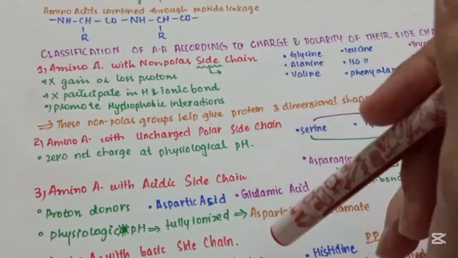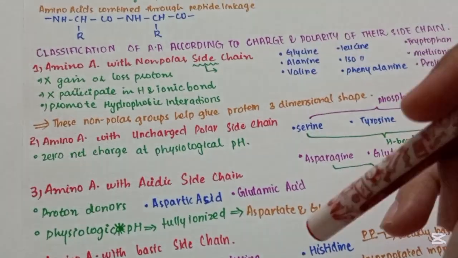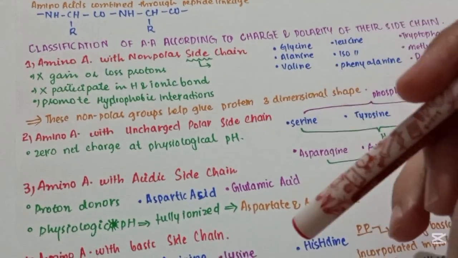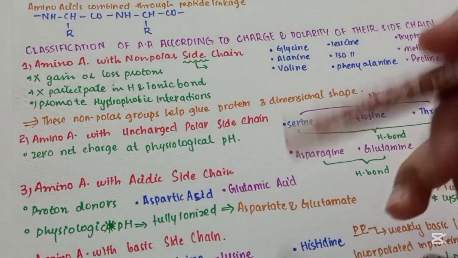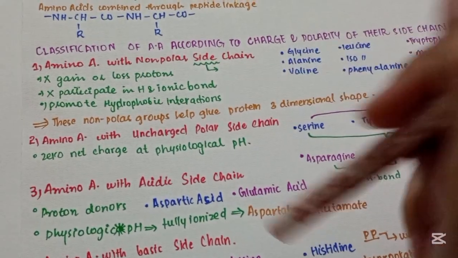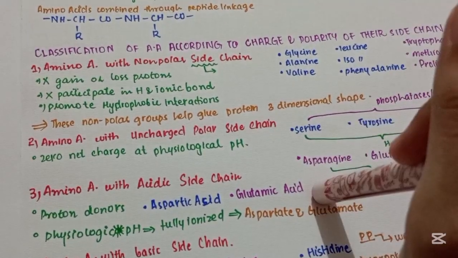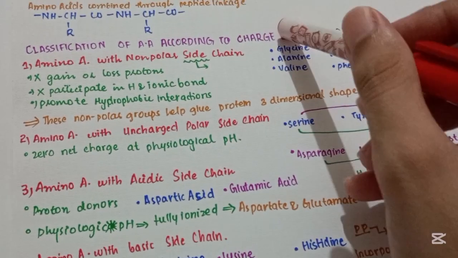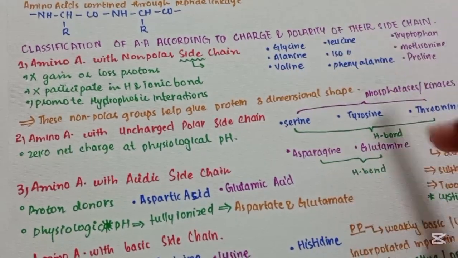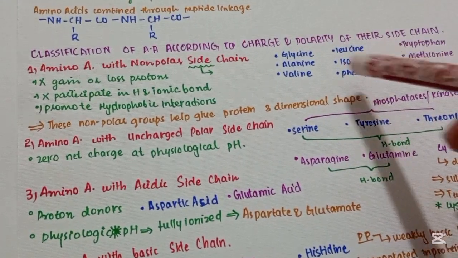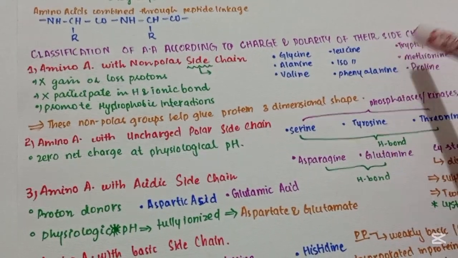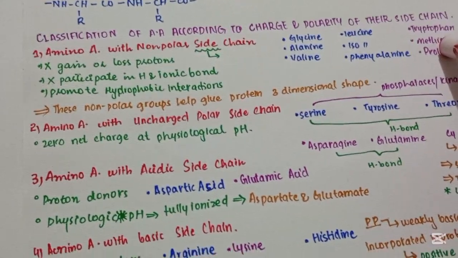So they behave like oil in an aqueous medium like water and tend to coalesce. So these nonpolar groups help give proteins their three-dimensional shape. Here we have examples of glycine, alanine, valine, leucine, isoleucine, phenylalanine, tryptophan, methionine, and proline.